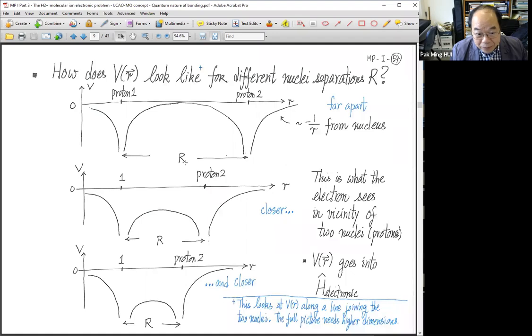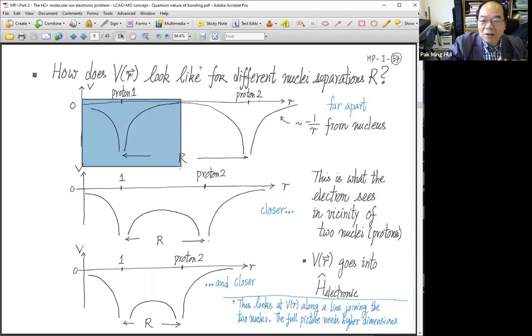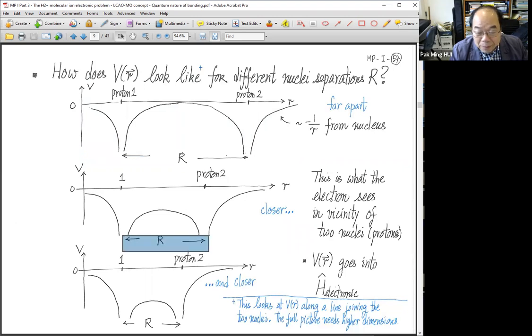solved by the electron in this problem. So when the two protons are very far away, it is just like two hydrogenic potentials that have nothing to do with each other. So one on the left, one on the right. But when the separation is smaller, in the middle region between the two protons, negative plus negative is more negative.